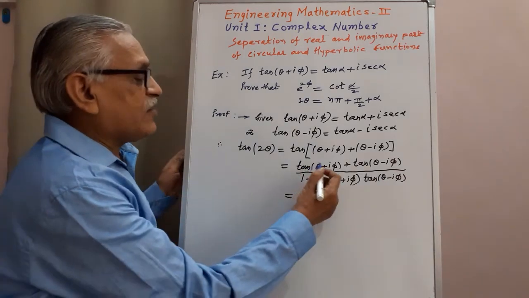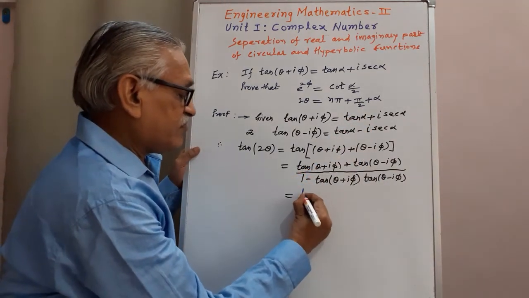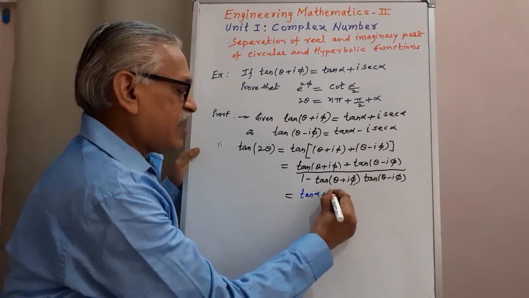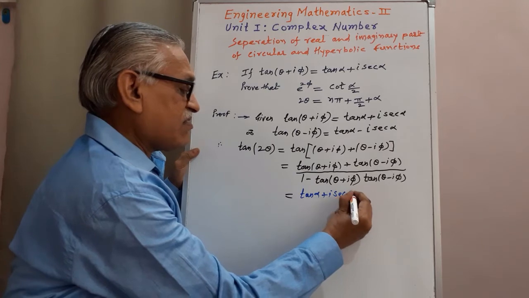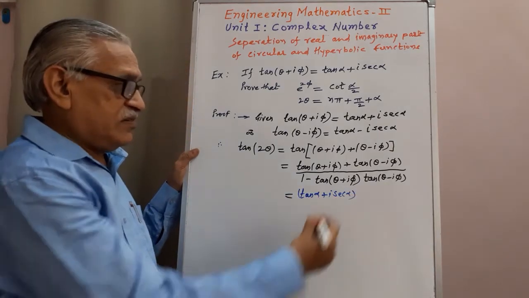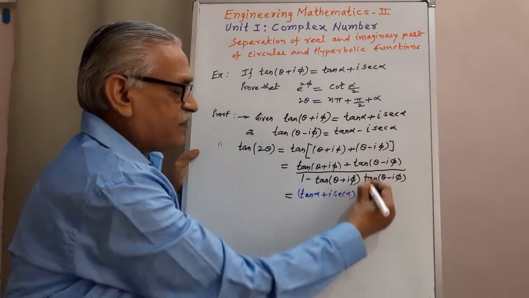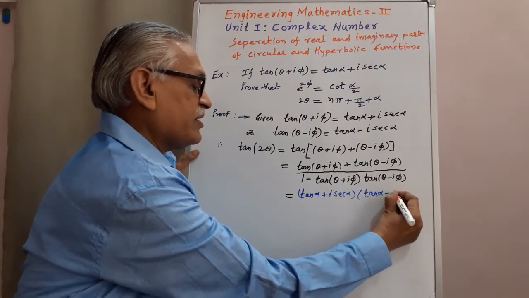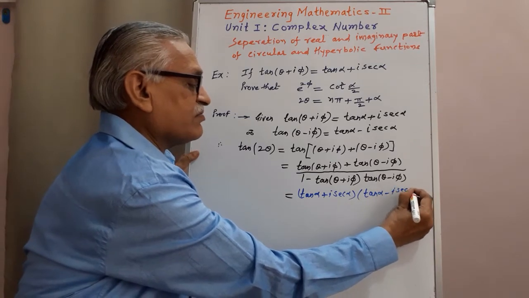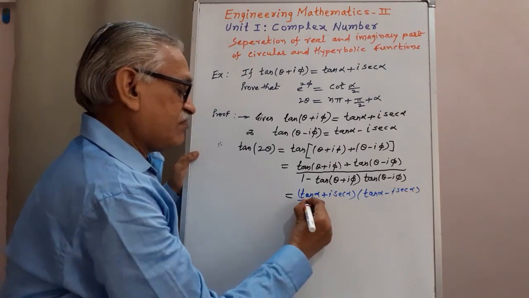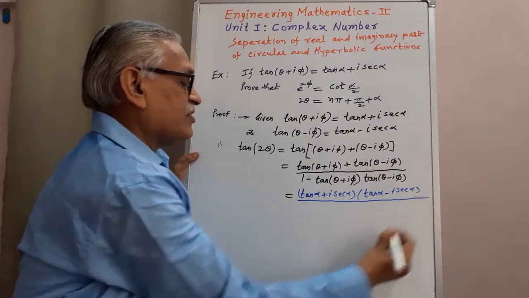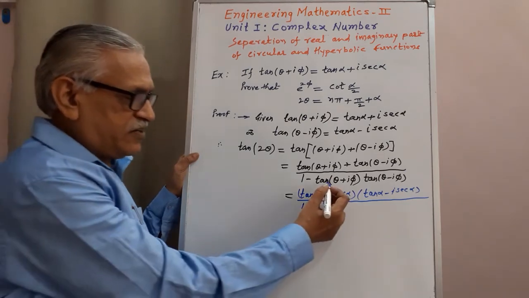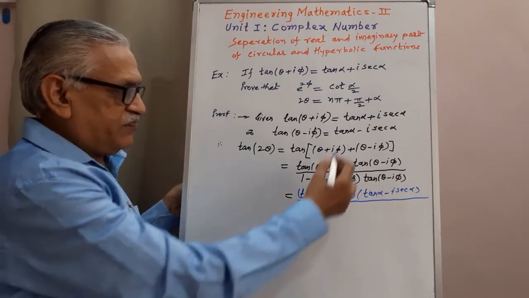Tan of theta plus i phi is tan of alpha plus i secant alpha, and tan of theta minus i phi is tan alpha minus i secant alpha, divided by 1 minus, again substituting these two values.